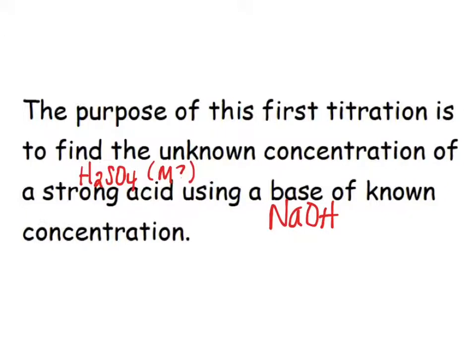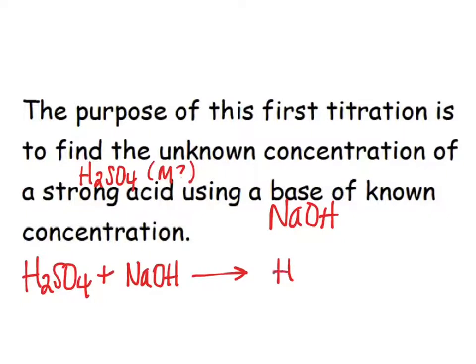So the equation is going to be H2SO4 plus sodium hydroxide, and we're going to get water, HOH, plus a salt, which is Na2SO4.